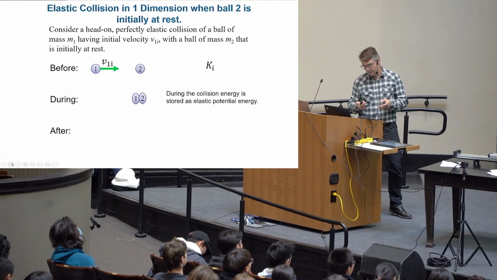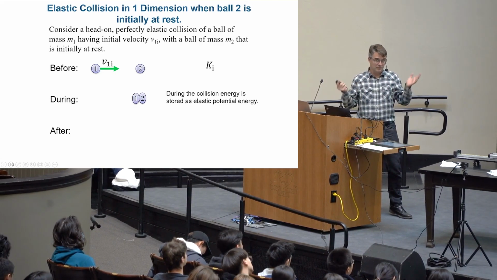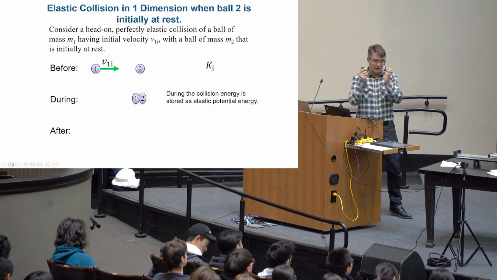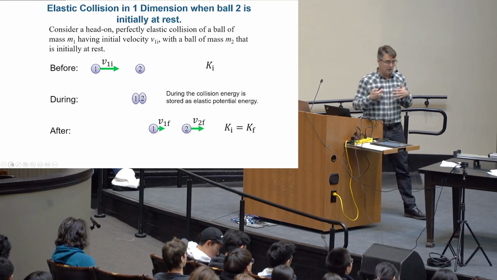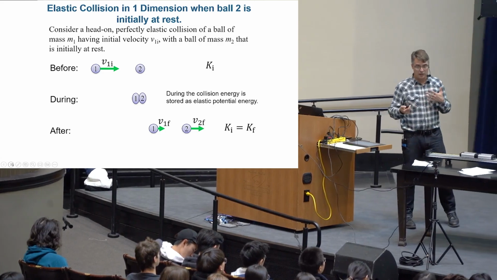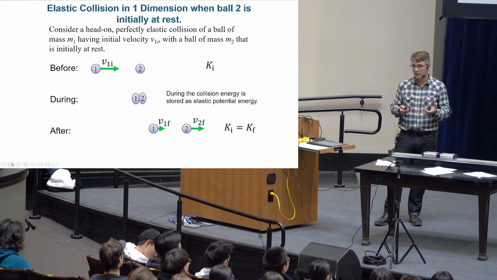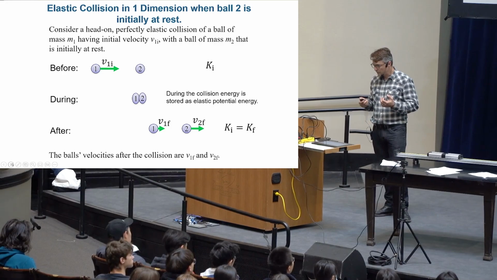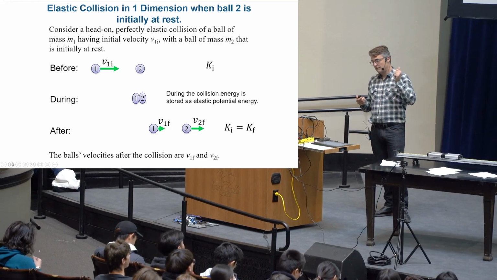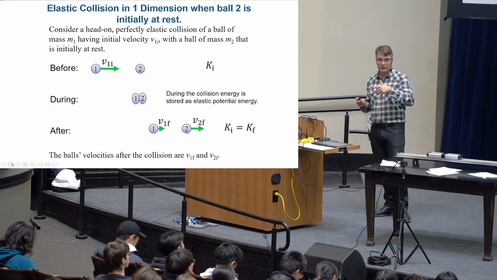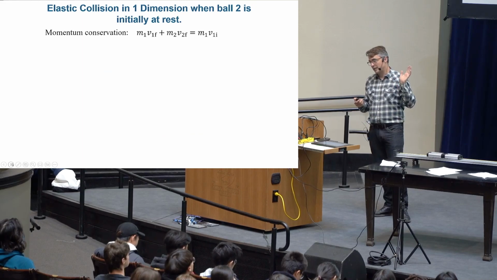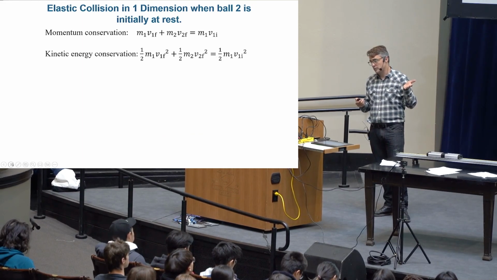What's nice about this analysis is that you can always switch to the rest frame of ball 2, so you can always make ball 2 at rest. Got some kinetic energy. During the collision, there's some stored kinetic energy, I guess, as the things compress, but then after, the final kinetic energy is the same. That's why it's elastic. And you can solve out for V1 final and V2 final. You've got two equations and two unknowns, basically.